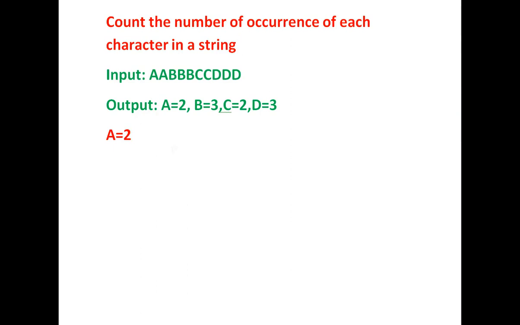Next character is not A, it's a B, and since it's the first time we're getting it, we set the count as 1. Similarly we'll read the next characters, so B would be 3 at the end. Again we'll read C, and so on, till the end of the string we will read each character.